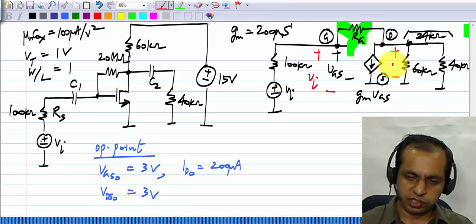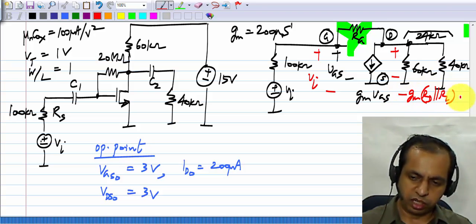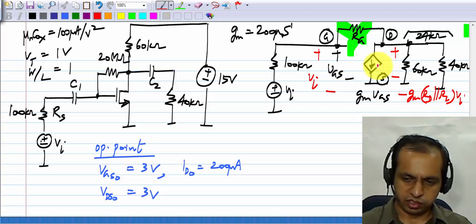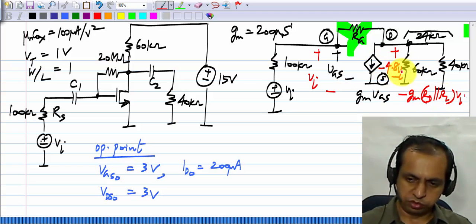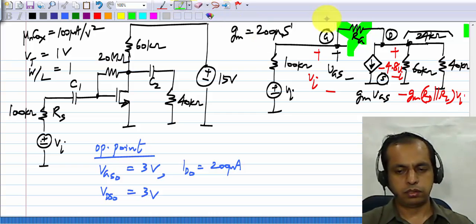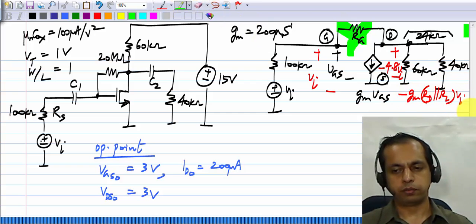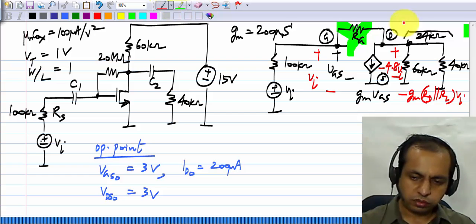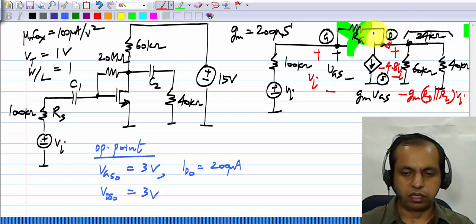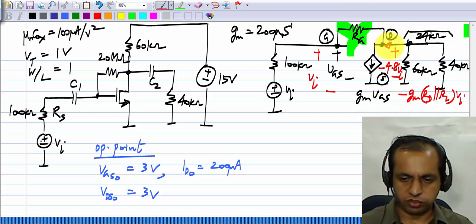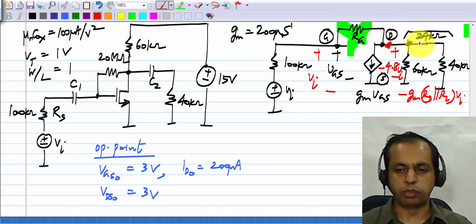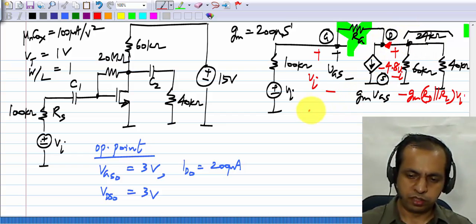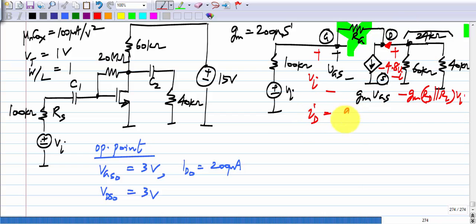So this is minus GM RD parallel RL times VI, and in this particular case it is minus 4.8 times VI. This product is 4.8, and the drain current, again assuming no current through RG, all of it flows here, and that is equal to GM times VI. So the incremental drain current is GM times VI, or 200 microsiemens times VI.